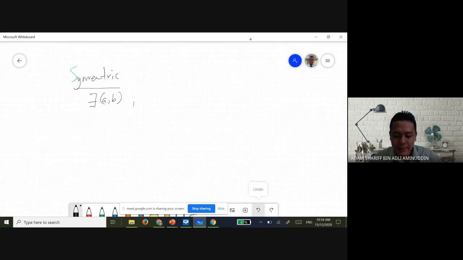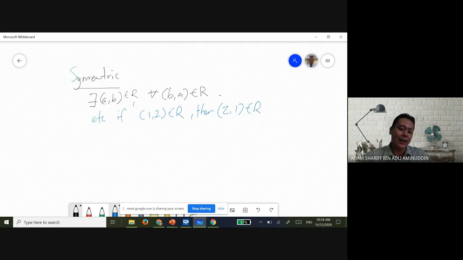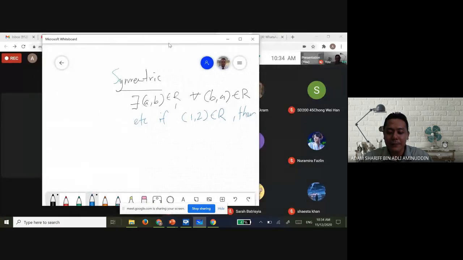There exists the mirror of AB in R for every BA which exists in R. Ni senang. Maksudnya, contohnya, if 1, 2 is inside R, then it is symmetric if 2, 1 is also inside R. Ini yang Akram cakap tadi, dia bagi contoh 1, 2, right?